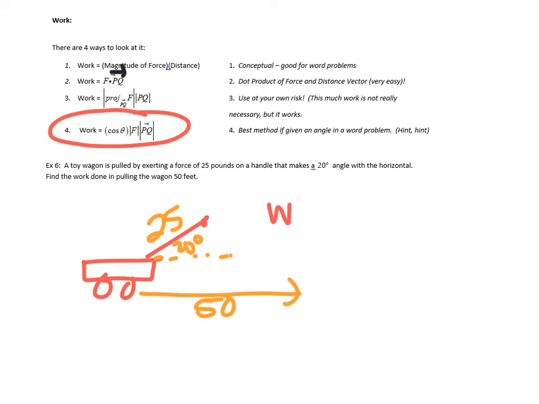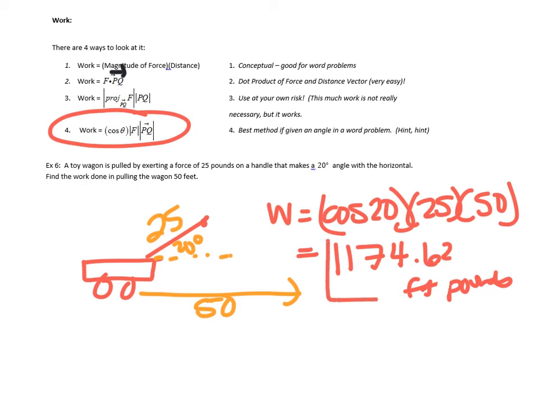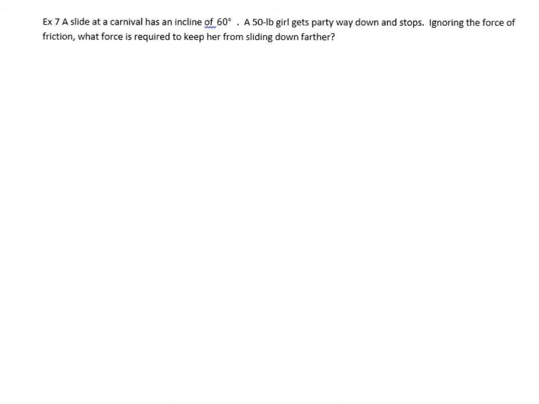So my work done is just cosine of my angle times my force times the distance you want to move it, and that's going to give me 1174.62 foot-pounds of force.